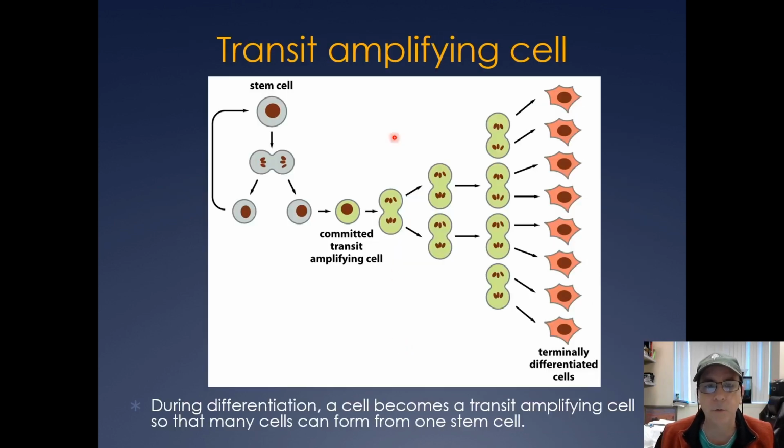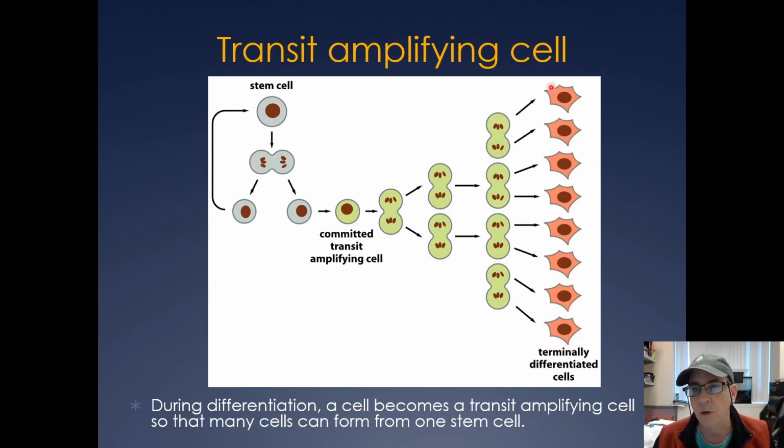And so here's where the transit amplifying cells come in. So you have your stem cell undergoing self-renewal, and meanwhile one of the cells can actually become a committed transit amplifying cell. So this will basically mean that it goes to become a certain cell type, and then that can amplify into many more copies, and then it can eventually become a lot of terminally differentiated cells.